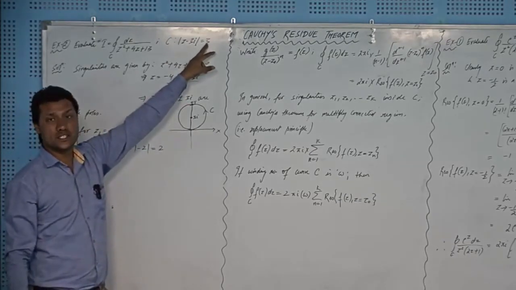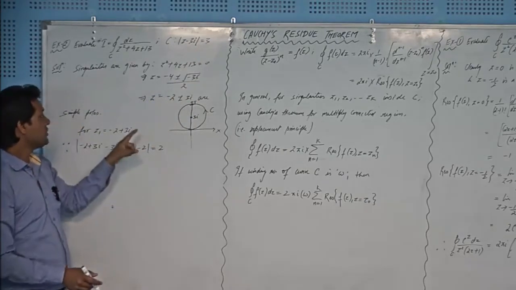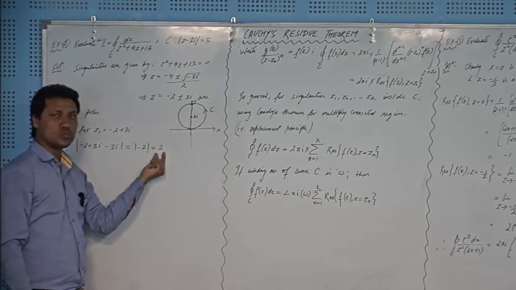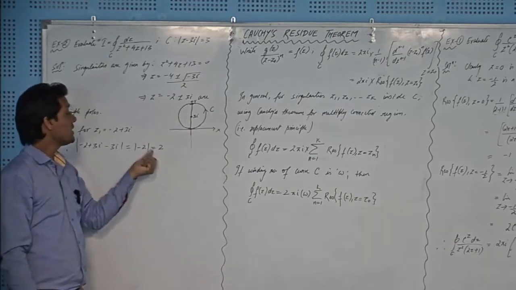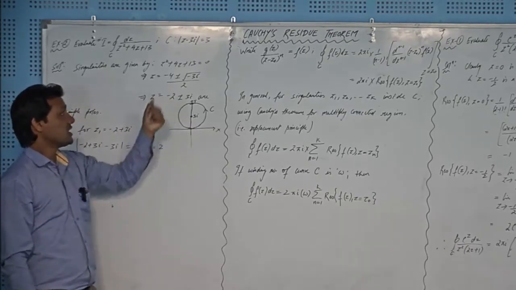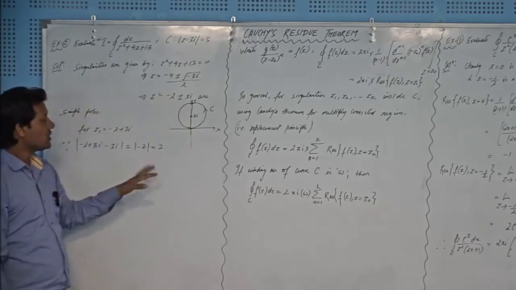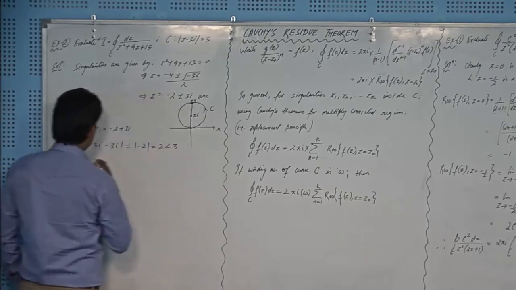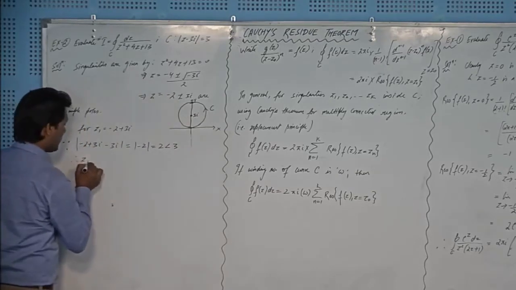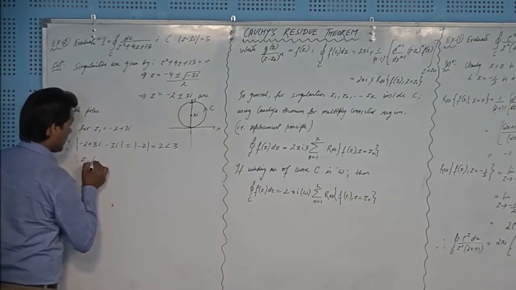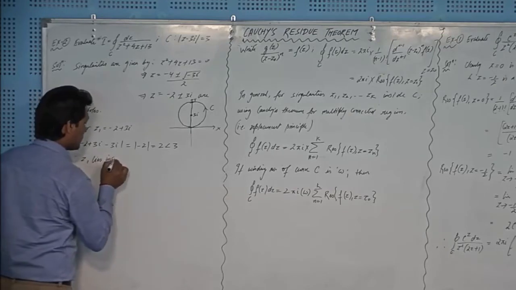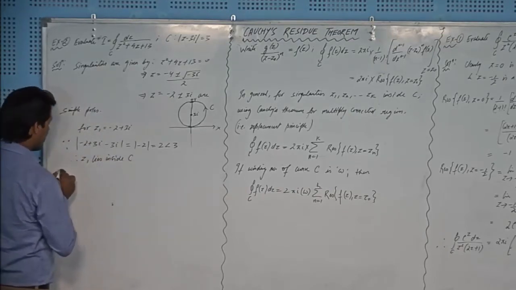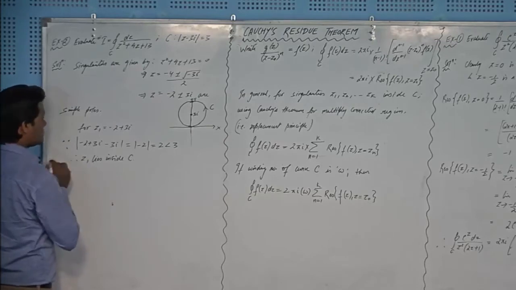The radius is equal to 3, but the distance between the first pole and the center of the circle is 2, right? It clearly indicates that this pole lies inside this circle because the radius of the circle is greater than this distance. Therefore, Z1 lies inside C.